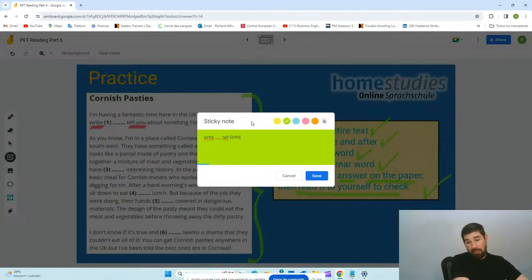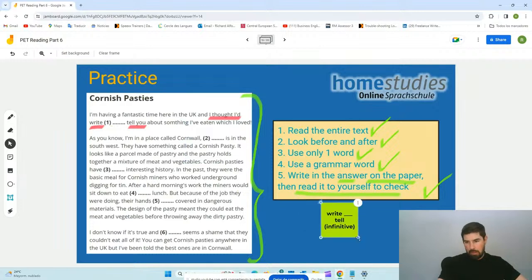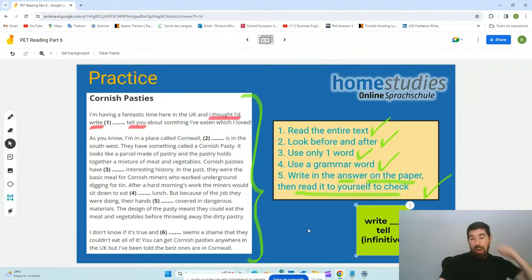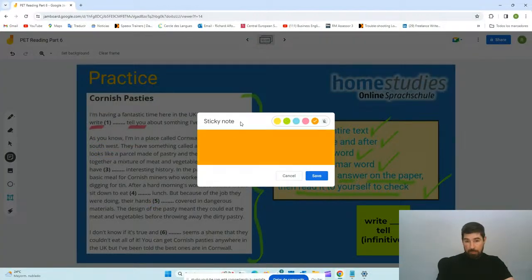Now, tell is an infinitive, or it's part of an infinitive. So there is a word that often goes before an infinitive, which explains why you do something. We call this the infinitive of reason or purpose.